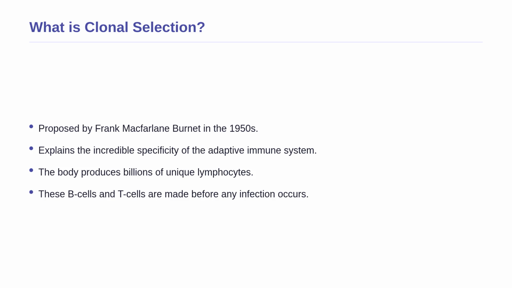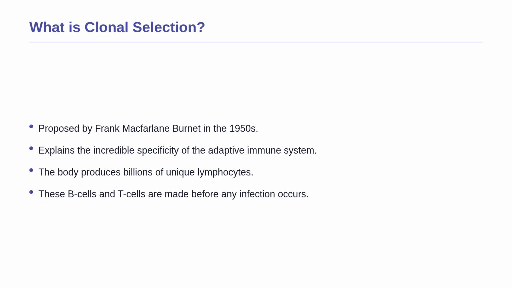Now that we have a conceptual picture, let us look at the actual biology. The clonal selection theory was first proposed by Frank Macfarlane Burnet in the 1950s. It is the fundamental principle that explains how our adaptive immune system achieves its incredible specificity.